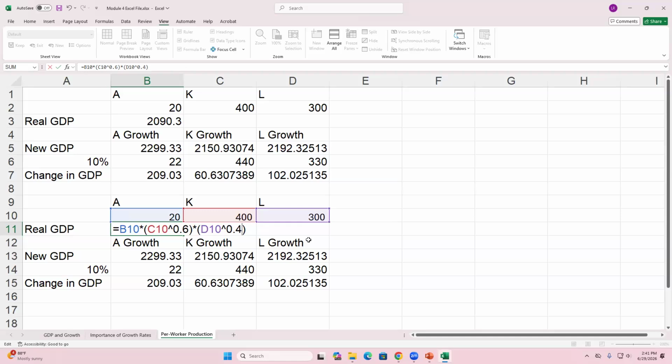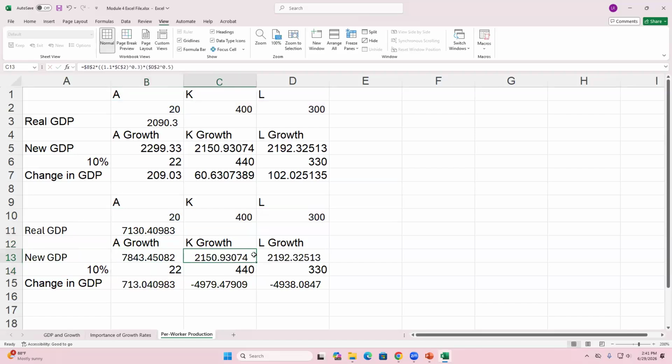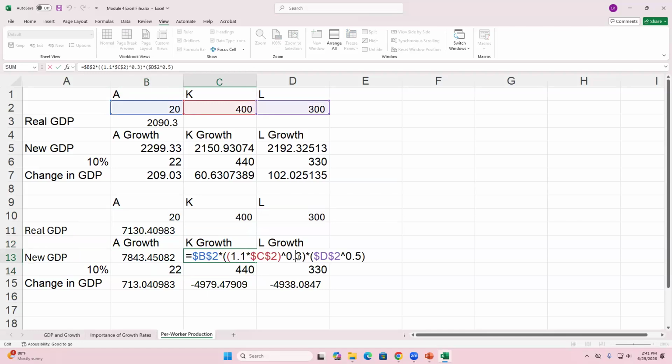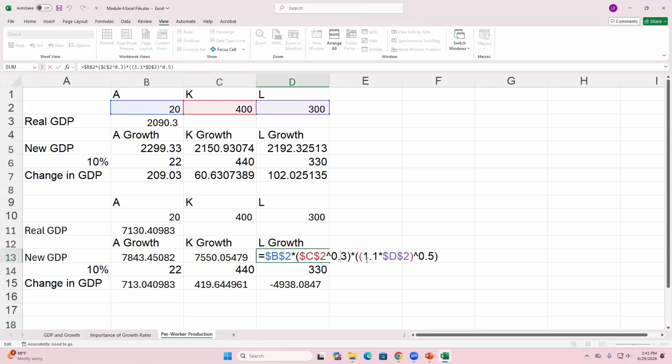But when I hit enter here, I'm going to change all of these to 0.6 and 0.4. If I put these in a different cell, then it would actually make this a little bit easier. So I'll change it manually though. And then here, we're changing the functional form. So our exponents are different than they were in the prior example.